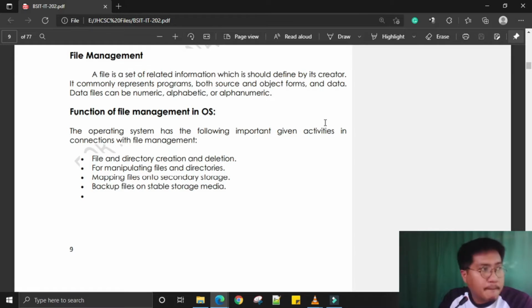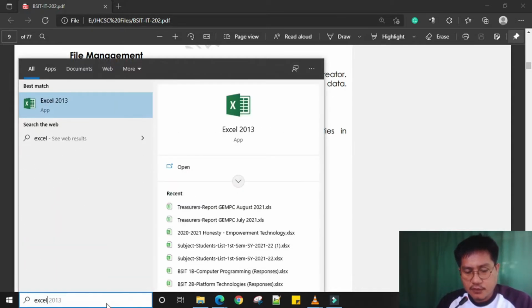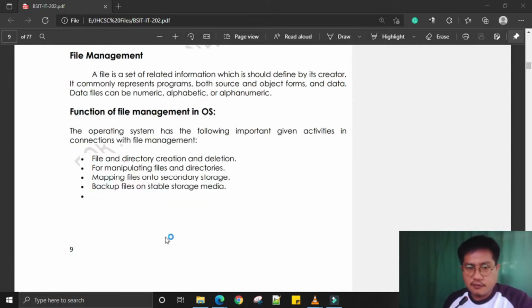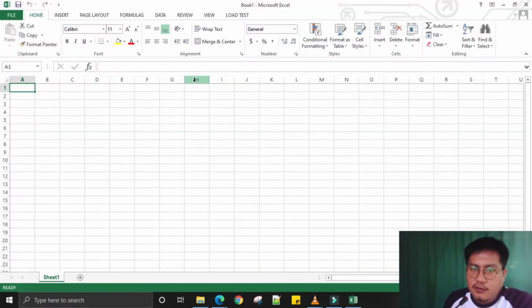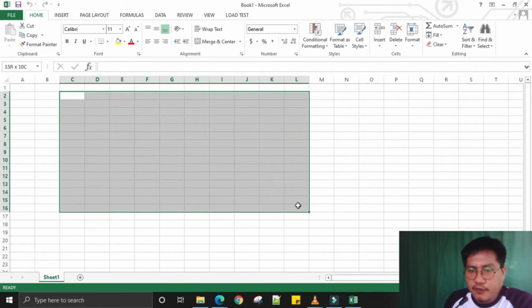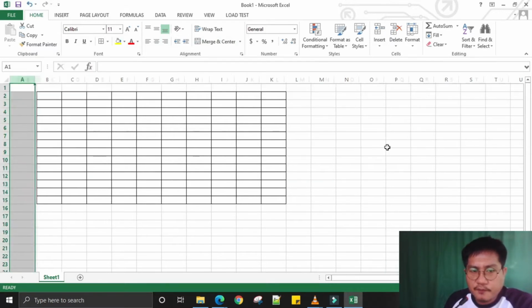Okay, so one of the major purposes of the file management is, if we visualize our device storage media, somehow it will look like this.